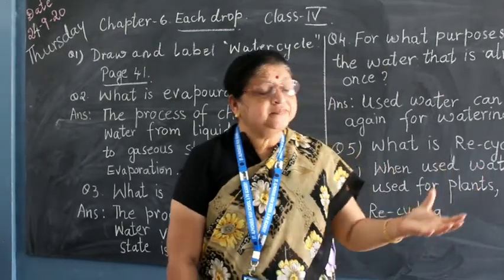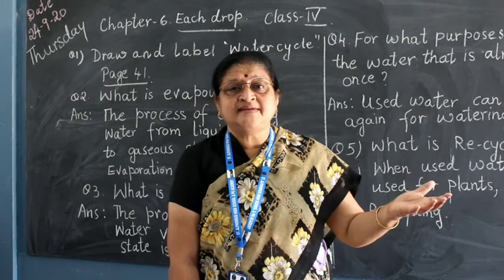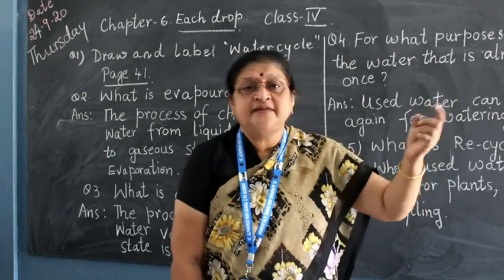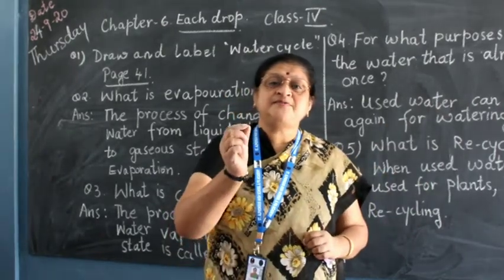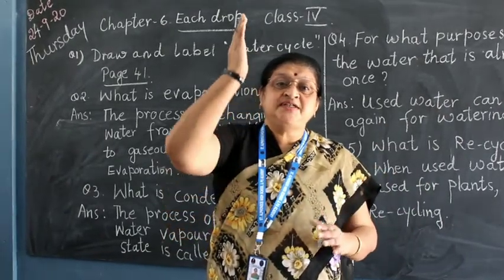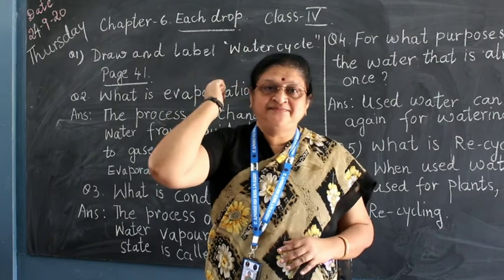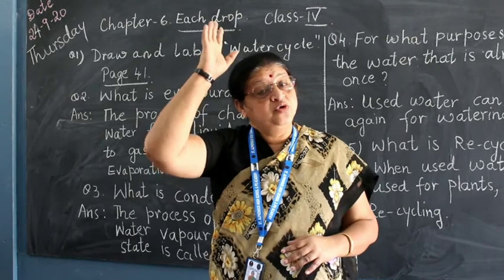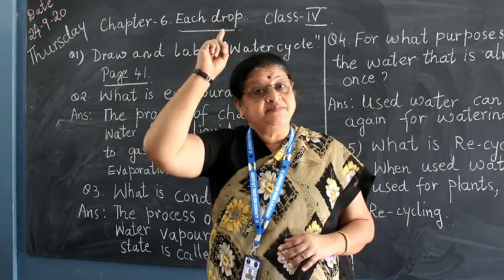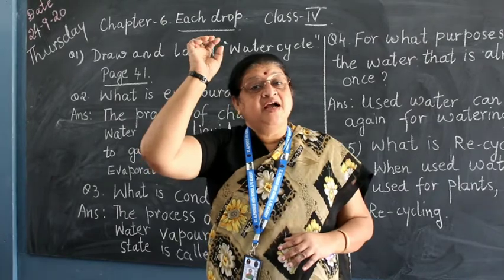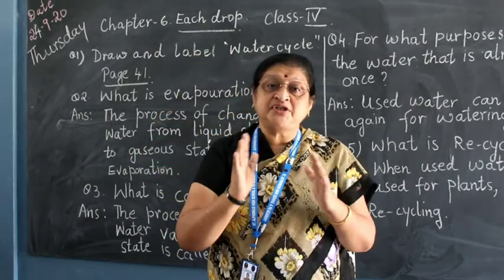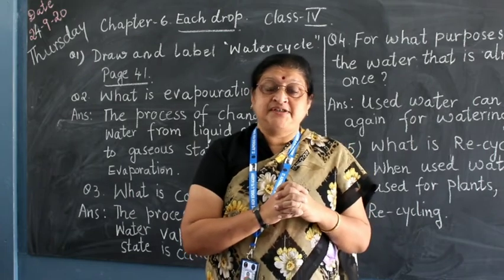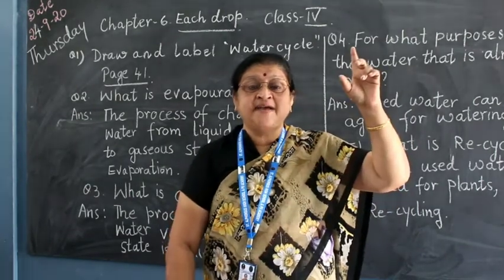So when this water is getting heated up by the sun, small drops of water go towards the sky, very high above in the atmosphere. It goes up, and that process is called evaporation.